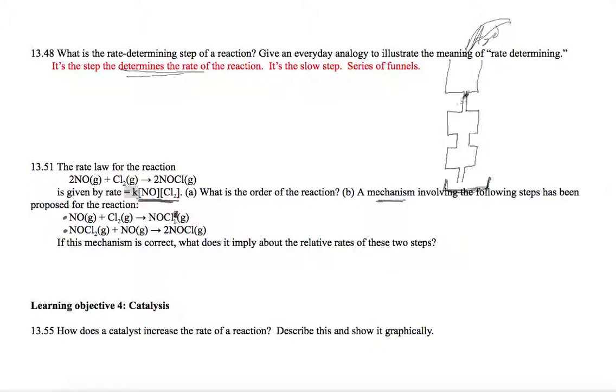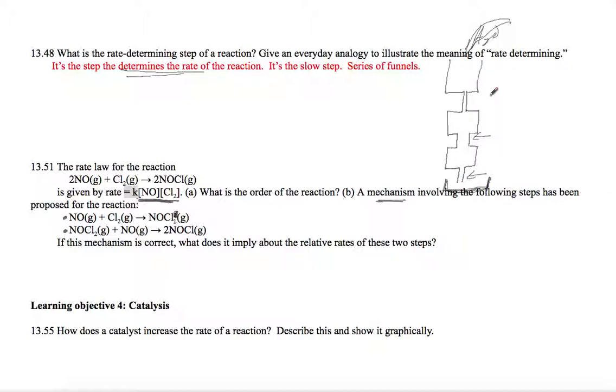It doesn't matter how fast the water can be dumped through these two steps, because this connector is smaller than these. And so this connector is going to determine how fast we can fill up the end receptacle.